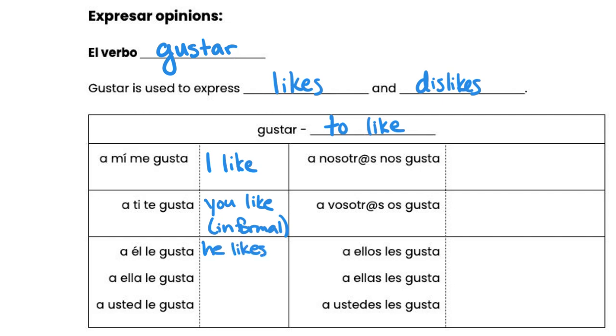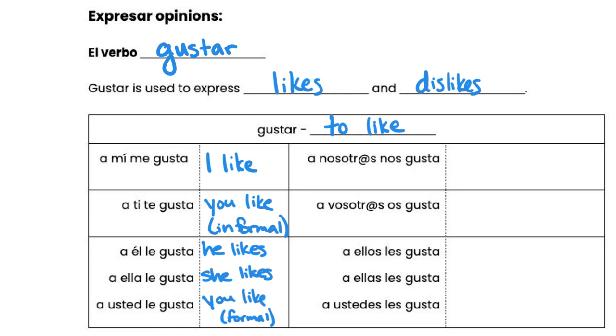A ella le gusta is she likes. And a usted le gusta is you like, but the formal version. So there are all these singular forms talking about one person.